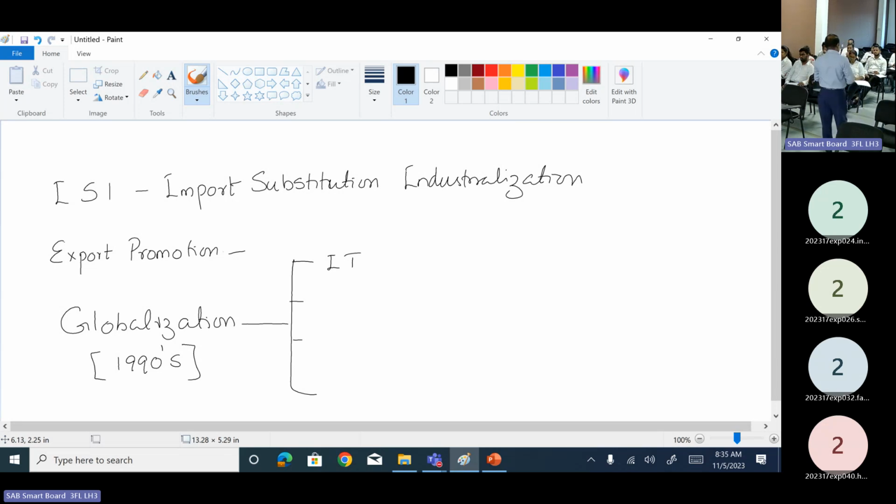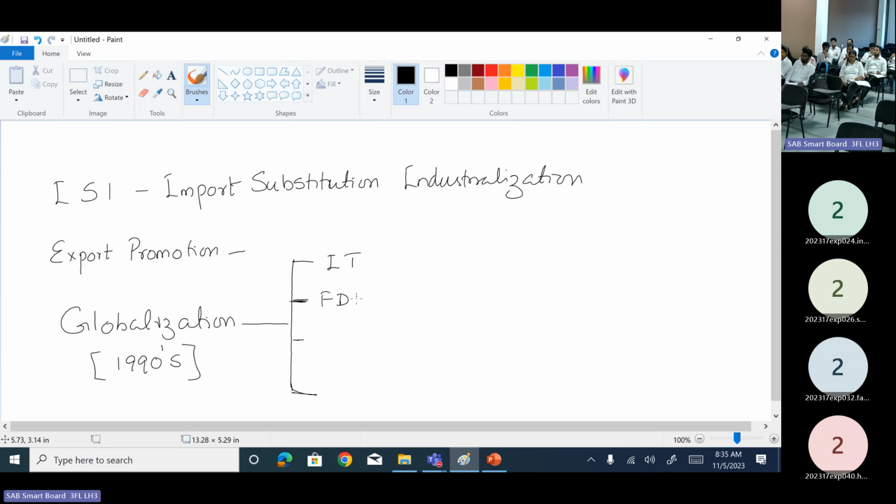The other one is capital growth: foreign direct investment and portfolio investment. That is another channel. You know China, for example, is a recipient country of FDI, and America is a leading country in foreign direct investment.